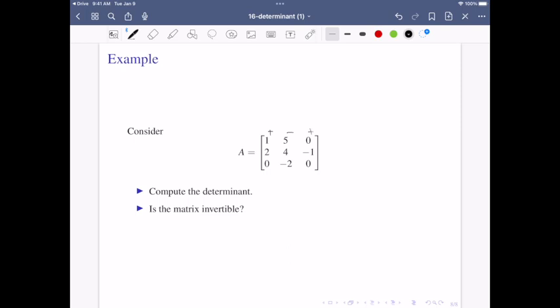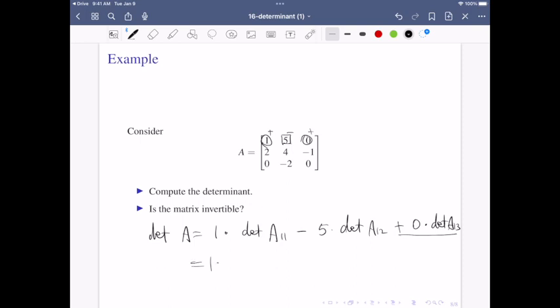So the determinant of A is, starting from the first one, 1 times the determinant of A11, and the second number, because of the negative sign on top of 5, is minus 5 times the determinant of A12, plus 0 times the determinant of A13. 0 times anything becomes 0, so this part can be ignored.